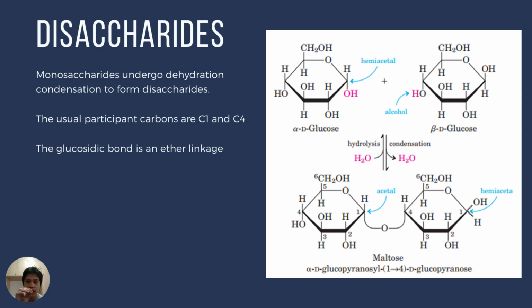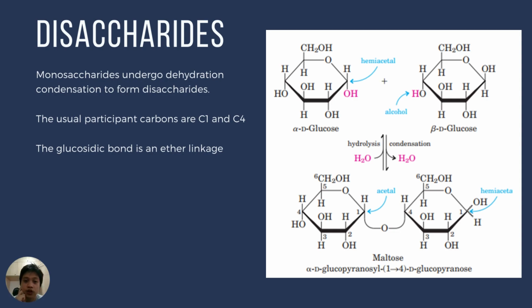Okay? So, isa-isahin natin to, no? At the topmost of the image, you will see carbon number 1. Okay? On the left side, and carbon number 4 on the right side.